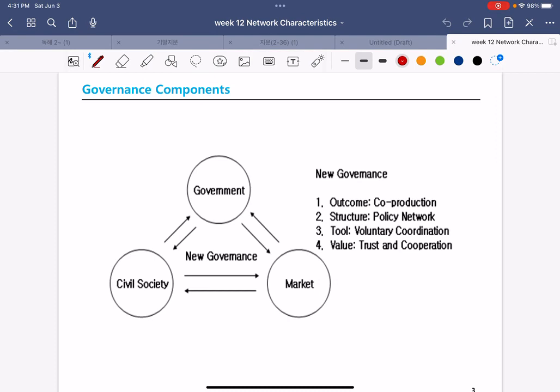And then two is based on voluntary coordination. Also, in the new governance, a variety of actors share the similar norms based upon trust and cooperation.